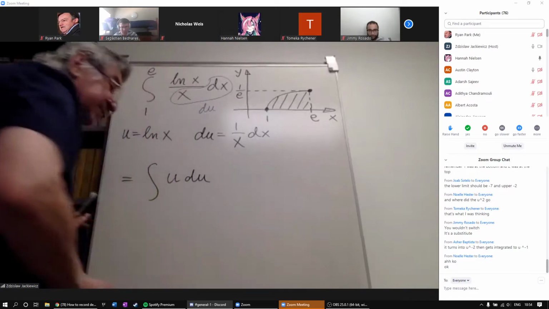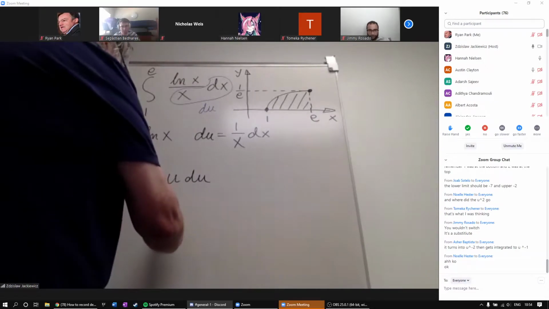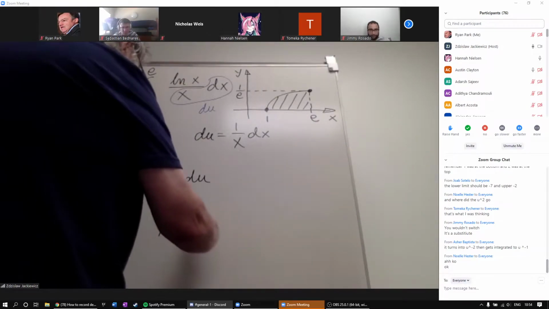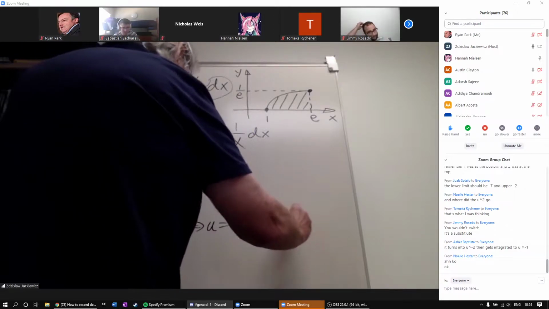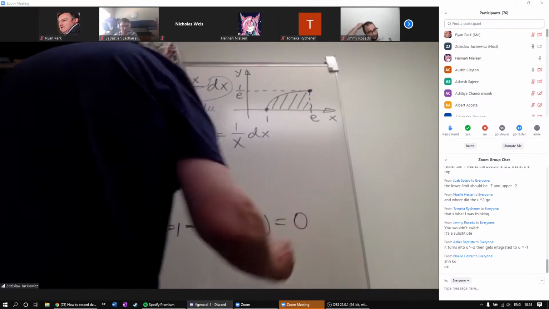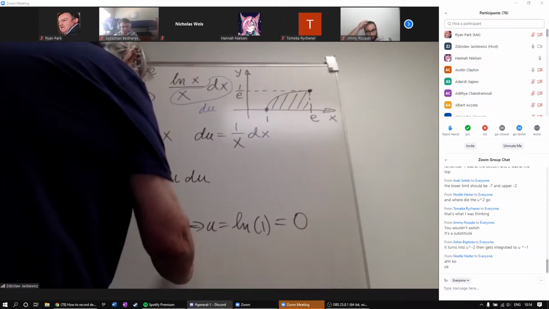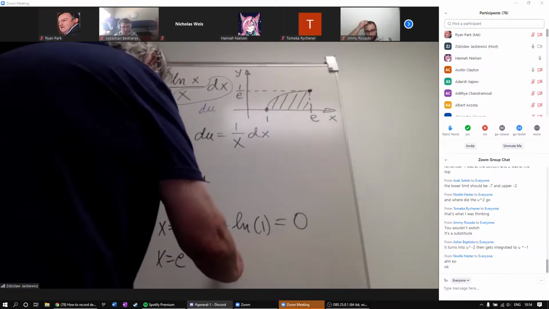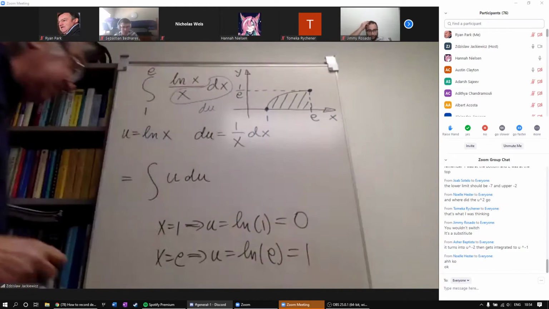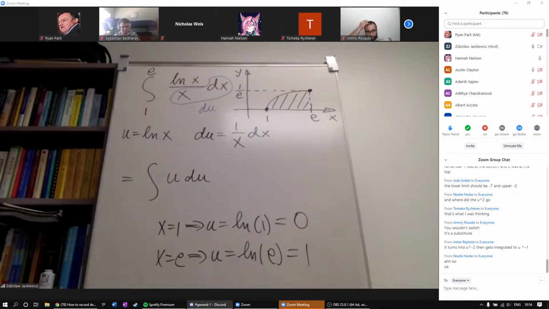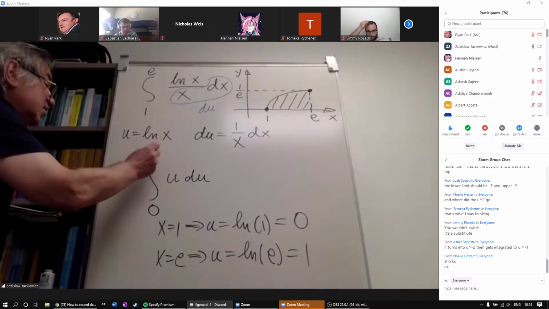Not too early. The second one: if x is 1, u is equal ln of 1, which is 0. And if x is e, u is equal ln of e, which is 1. So the limits are from 0 to 1.